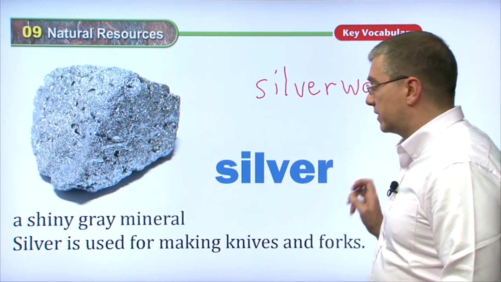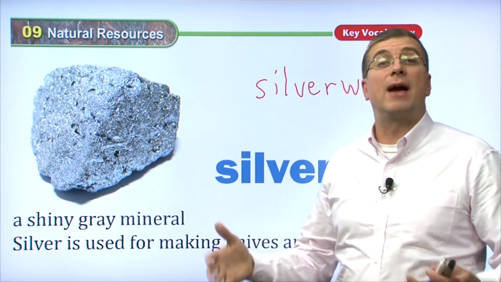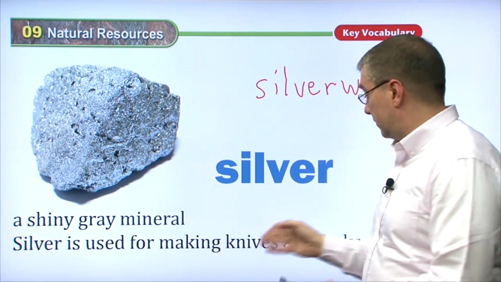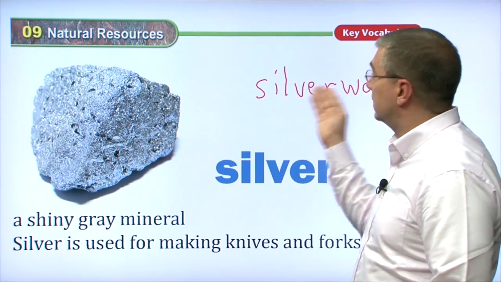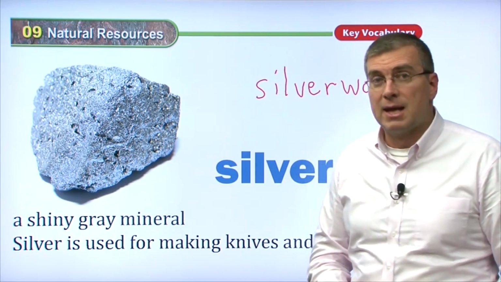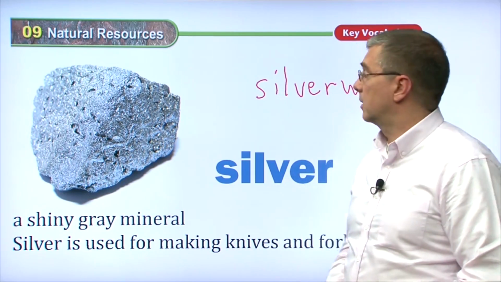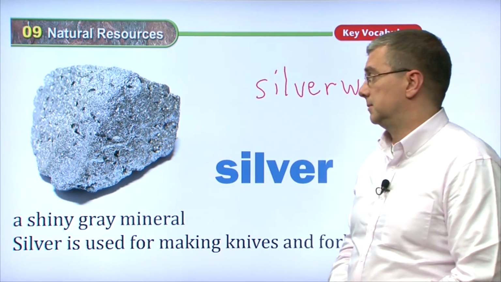So knives, forks, and spoons made from silver, we call that silverware. Now, rich families in the past, their knives, forks, and spoons were actually made of silver. So that's why they called it silverware. And of course, silver is also used sometimes for money. It's also used for jewelry. Okay? But silver is another very common type of mineral.